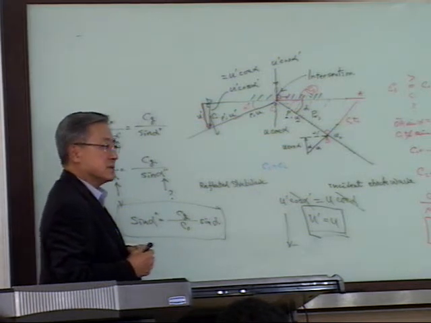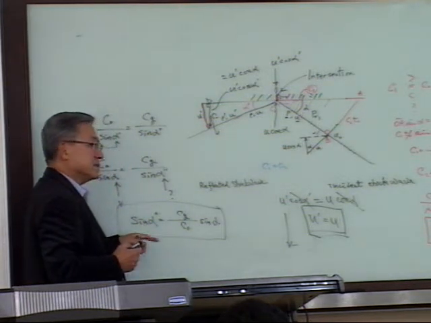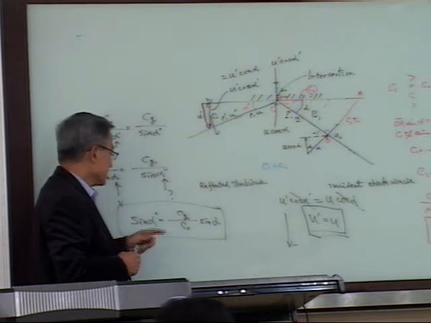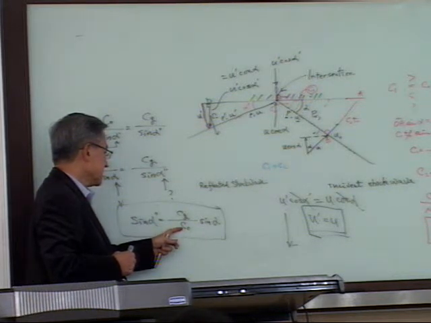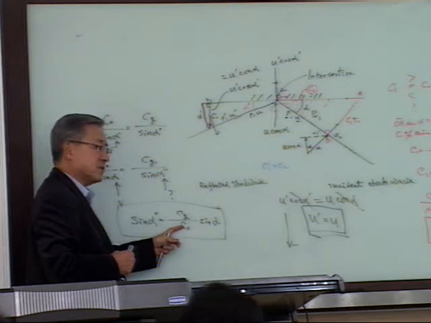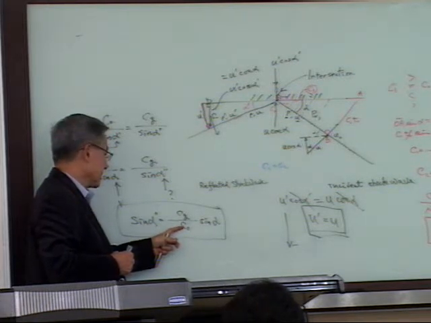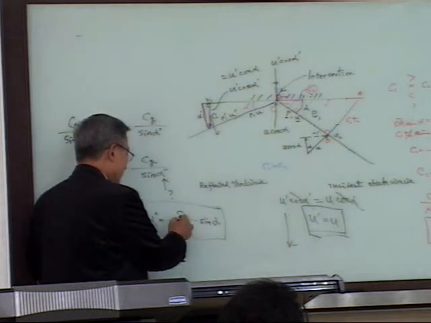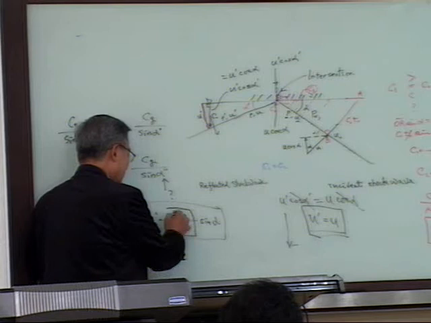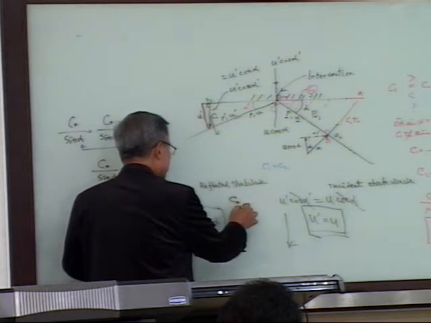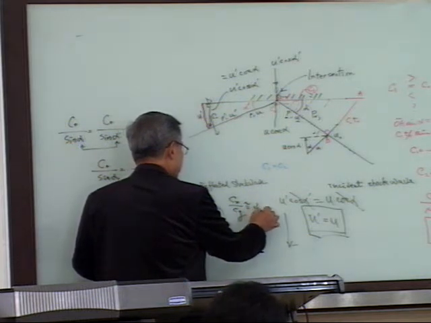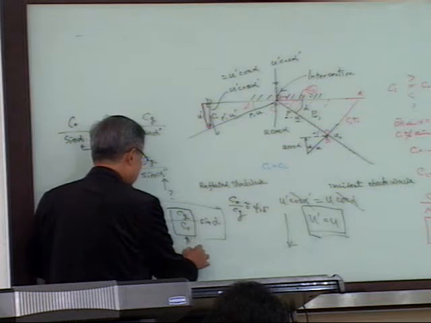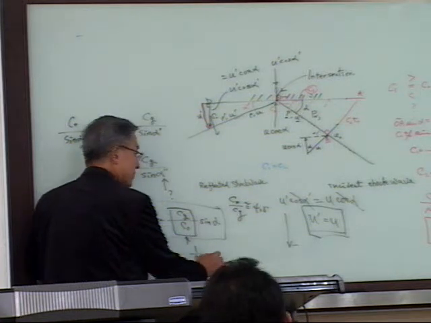So this angle, alpha double prime, is due to the ratio CG over C naught, which is roughly 4.5. So if you write it, it's going to be 1 over 4.5.